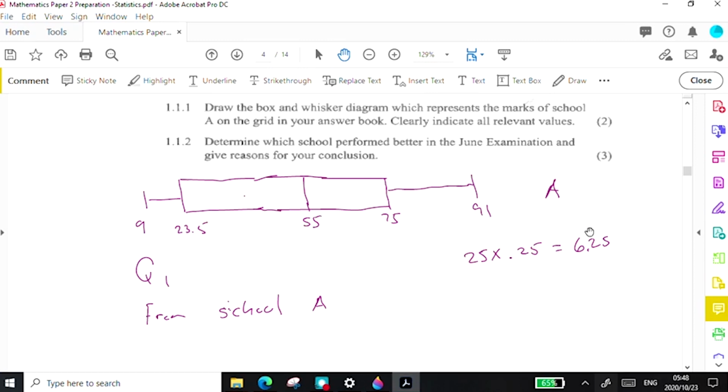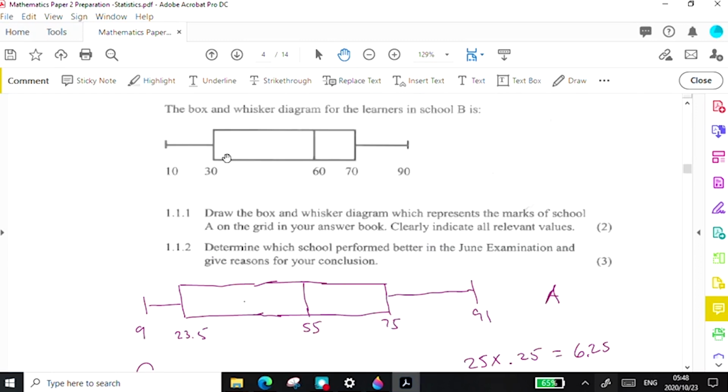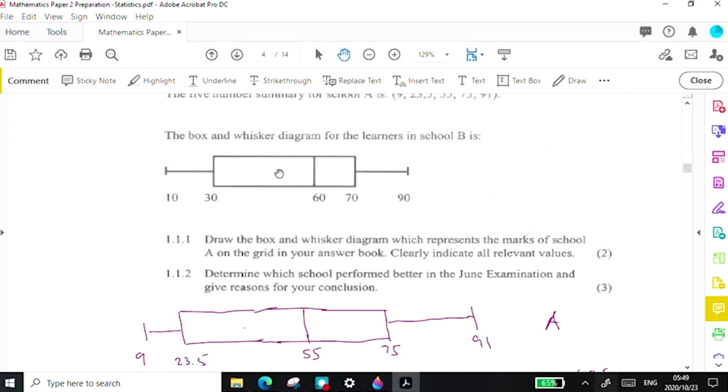So that implies that about 7 learners got less than 23.5 in school A, and in school B, 7 learners got less than 30, implying B is performing better.